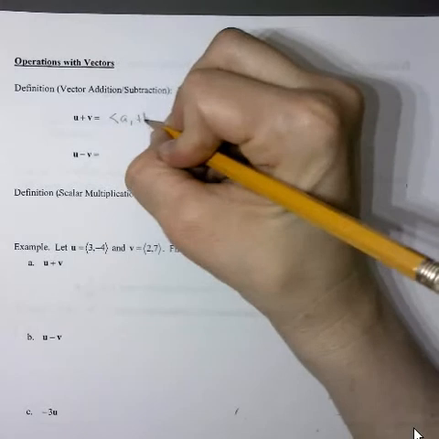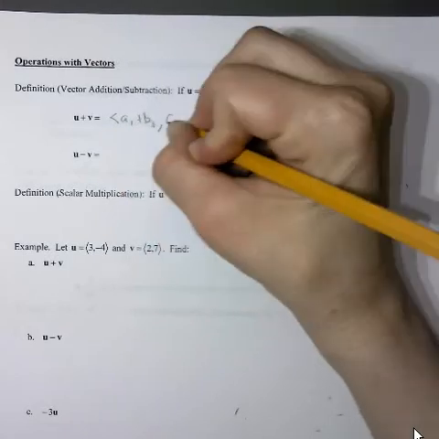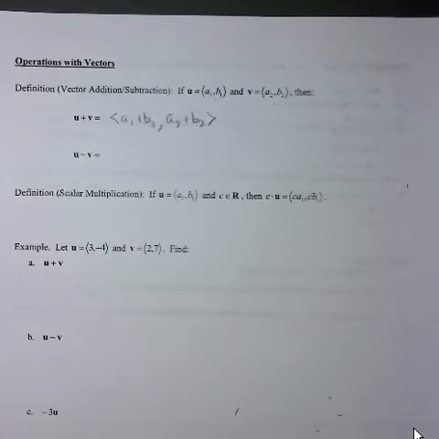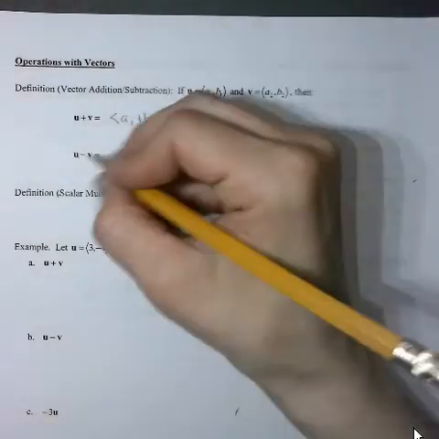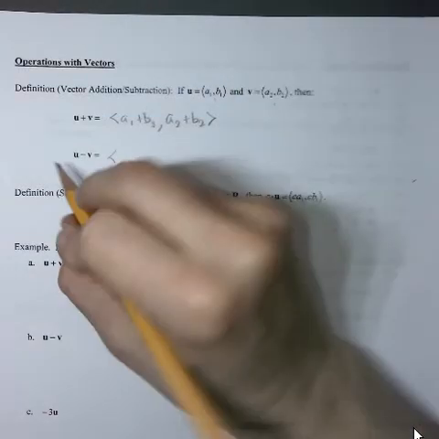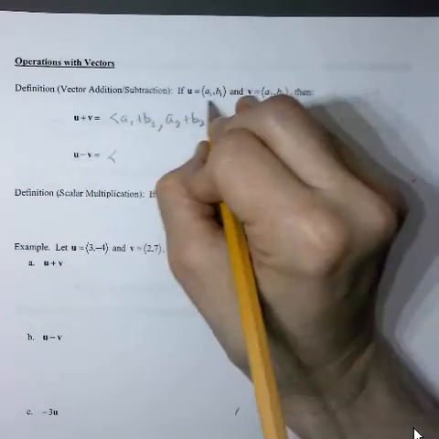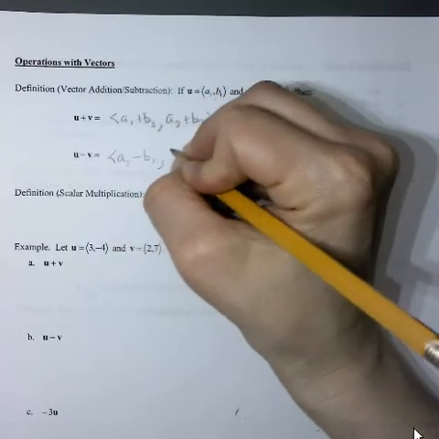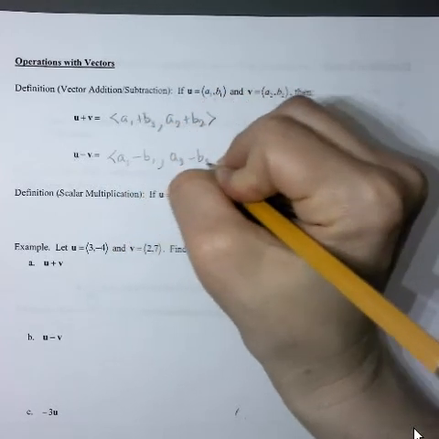So add the first components and then add the second components. And then if it's subtraction, you just subtract the components, in the order that's here. So if U is first, then you put in A1 first, and then A2 minus B2. If this is V minus U, you'd flip those around.